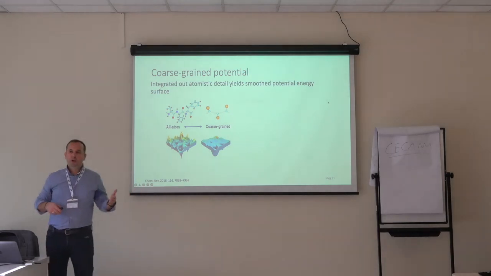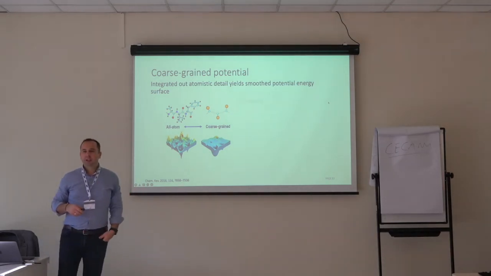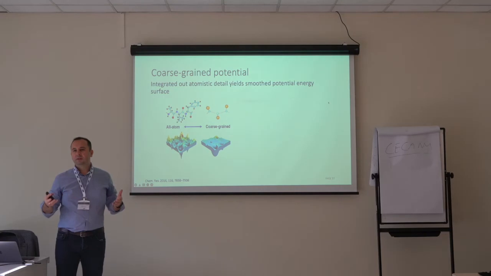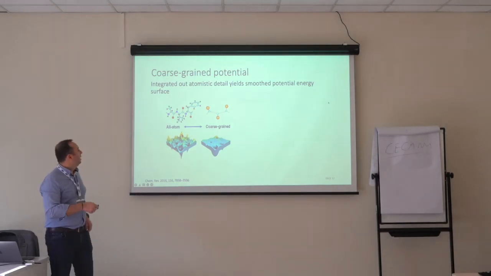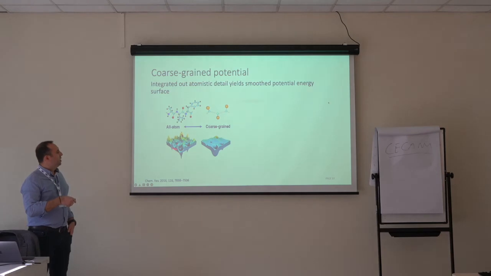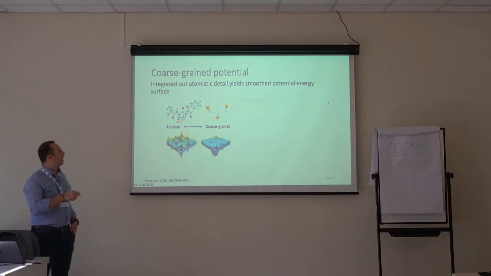When you coarse-grain your system, when you represent your chemical groups as single entities that are, again, points in space but without any atomistic detail inside, what you end up with is a different level of potential energy surface. On the left, you see an atomistic representation of a potential energy surface, and here you see a coarse-grained one, which is actually less rugged.